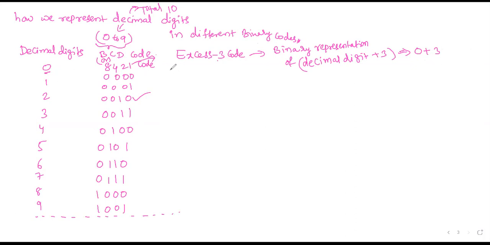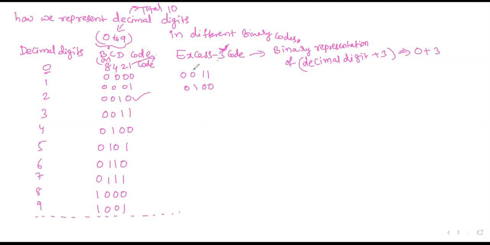So how do you write 3? 3 you can write as 0, 0, 1, 1. So for 0, it is 0, 0, 1, 1. For 1, you have to write 1 plus 3, 4. The 4 representation is 0, 1, 0, 0. So the decimal digit is exceeded by 3.